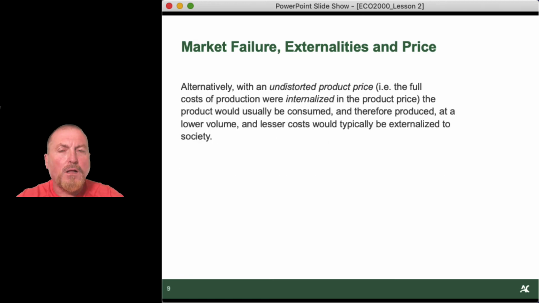Okay? Alternatively, with an undistorted product price, the full costs of production are internalized in the product price. The product would usually be consumed and therefore produced at a lower volume, and lesser costs would typically be externalized to society and the natural environment.